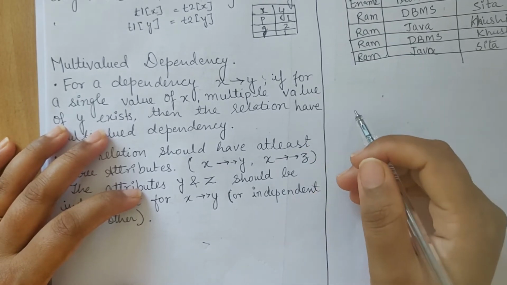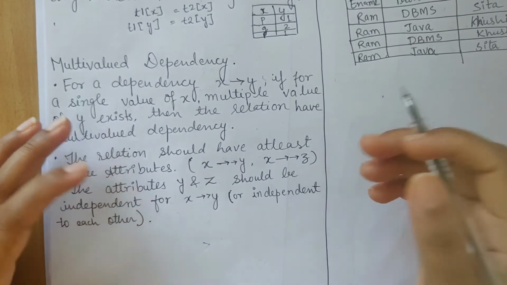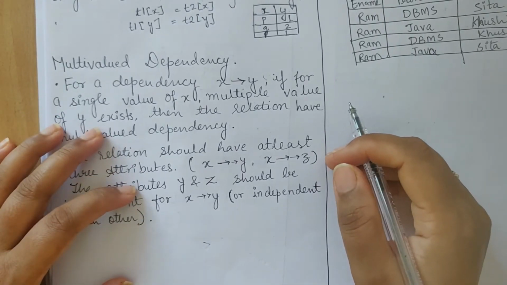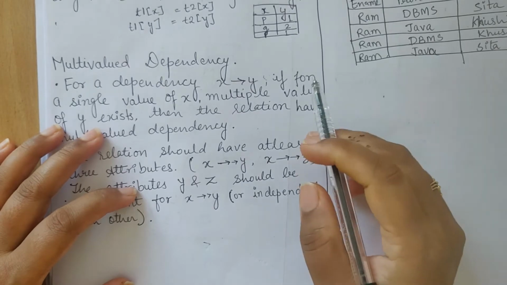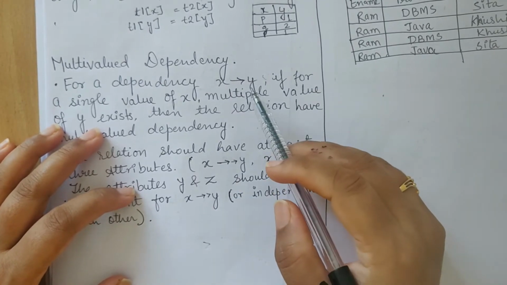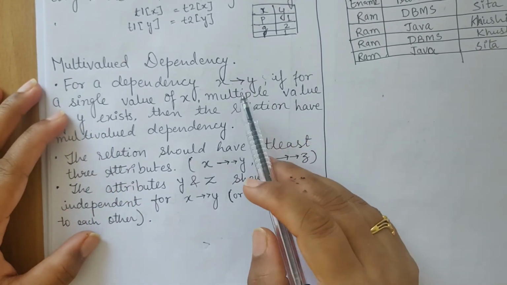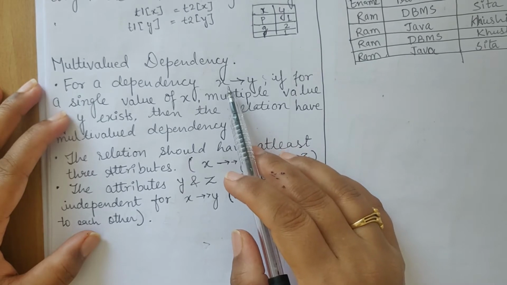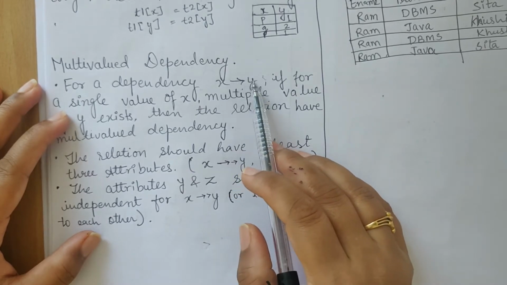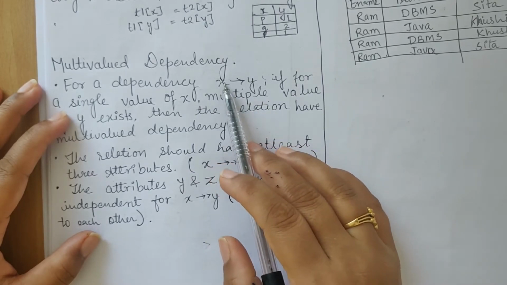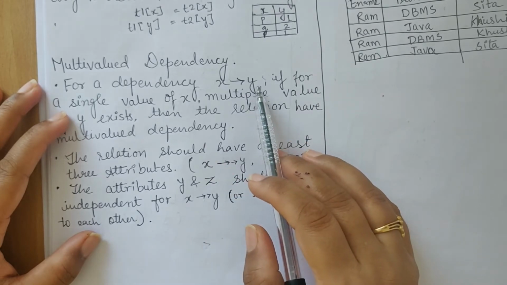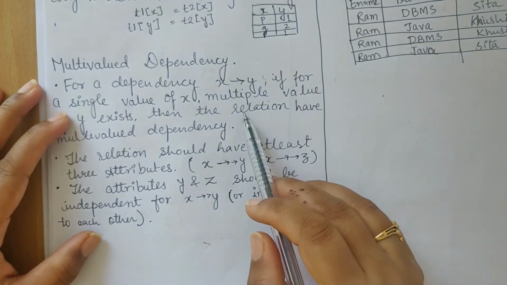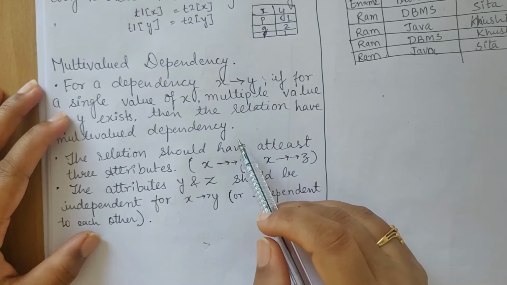If there is a dependency from student to course, this is a multi-valued dependency, right? So now we have to deal with multi-valued dependency. Whenever there is a dependency from X to Y, and for a single value of X multiple values of Y are present, we call it multi-valued dependency.